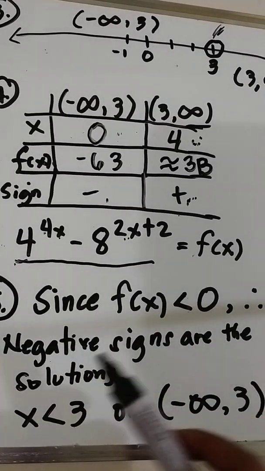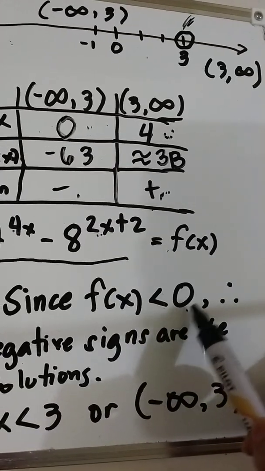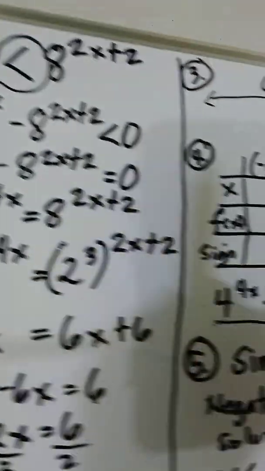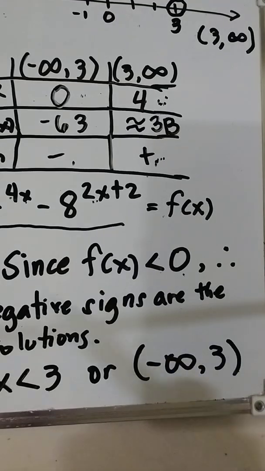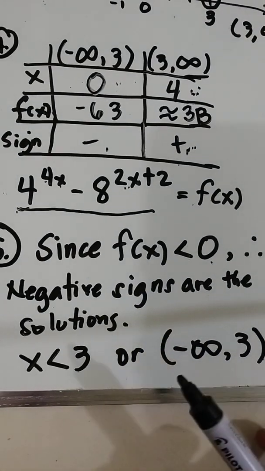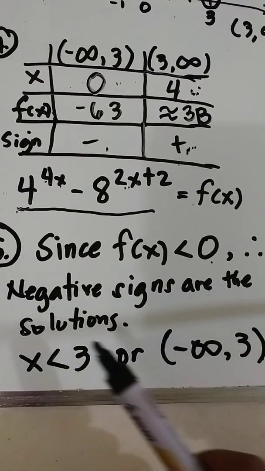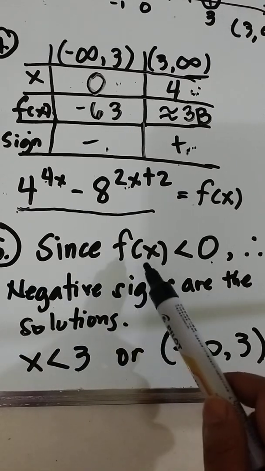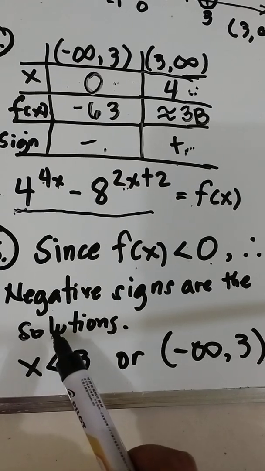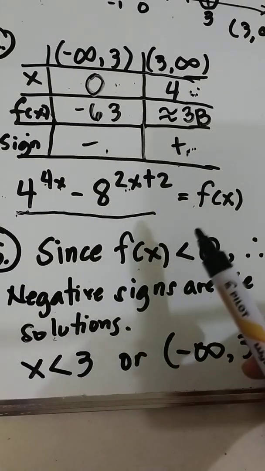Sabi po dito, since f of x, or the function, is less than 0, based on our book, or our PowerPoint, or the exponential inequality, when we have f of x less than 0, the negative signs are the solutions.